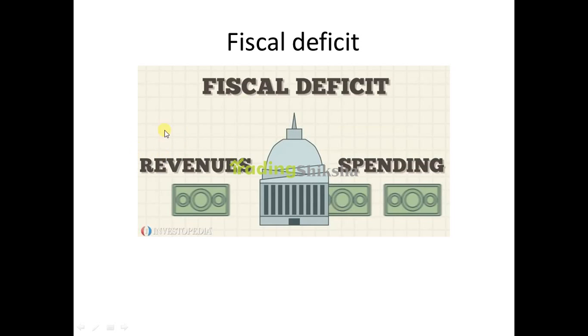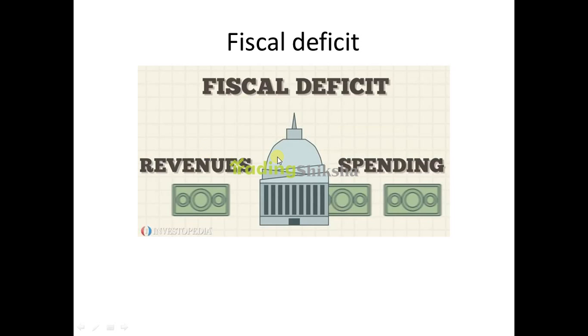So the government has some revenues, and the government has some spending. Revenues come mostly from tax, and spending can be on military, health, education, etc. Whenever the spending is more than the revenues, the government is in deficit and it needs to borrow money.